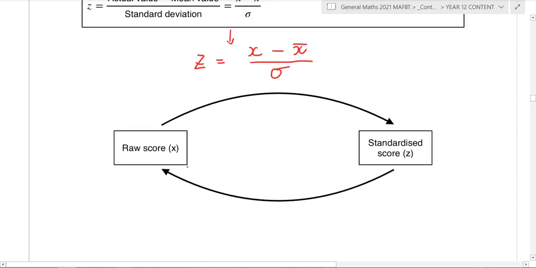I guess this is a graph that tells you from a raw score. Generally in Year 12, across Victoria, and this is how they do your ATAR, I believe, you get your raw score. They add up all your study scores from all your subjects, and then they convert it into a standardized score. From there, they are able to figure out where to rank people, what the mean is, and how far people got from that mean.